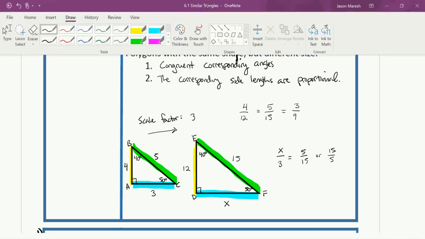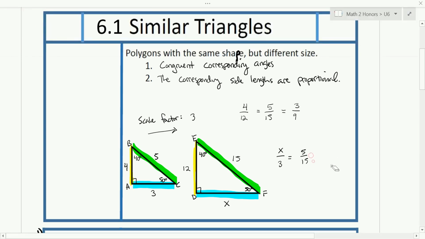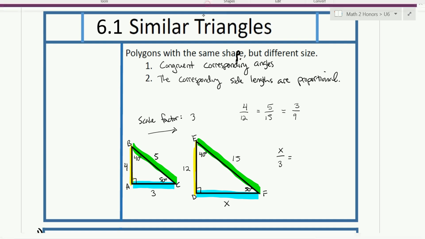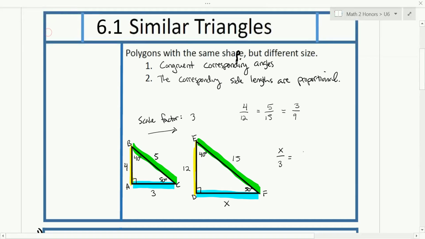And so that's part of my point here: setting up a proportion to solve for x is important in how you organize this. So 15 over 5. And when you have proportions and you're solving, a proportion is just one fraction equal to one fraction. That's what we mean when we say proportion.